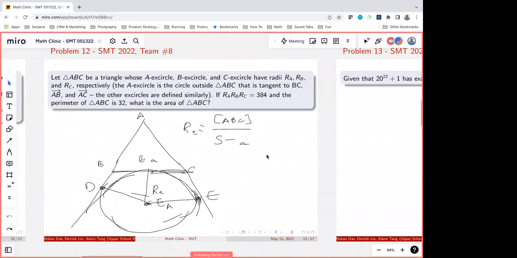And so if we consider the area of triangle ABC, it's equal to the area of the triangle AE times EA, so this area, plus the area of AE and then EA.